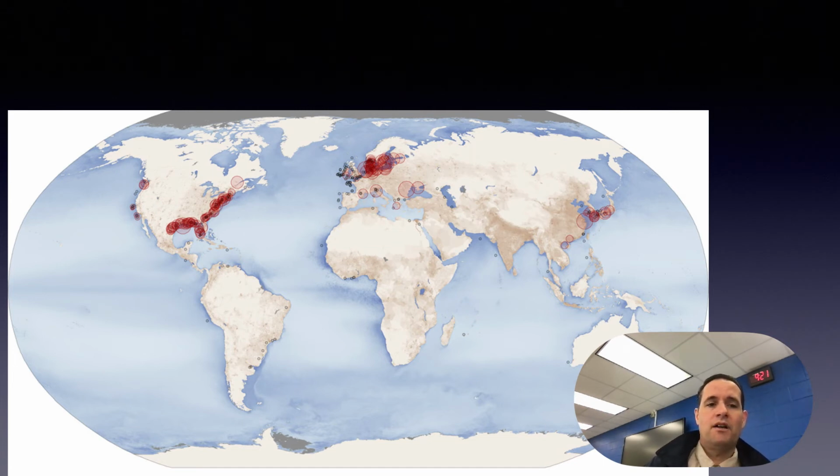And here's a snapshot of the world, and you can see the red highlighted areas where we have dead zones. A dead zone, just to clarify, is an area with a freshwater or marine ecosystem where large areas are depleted of their normal flora and fauna.